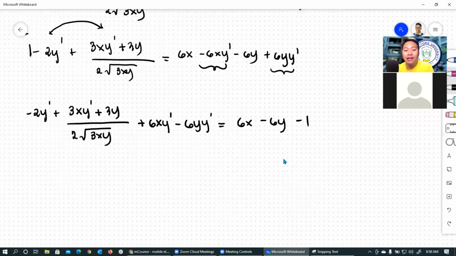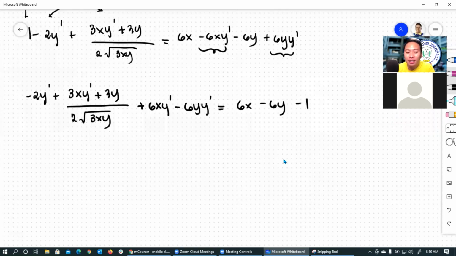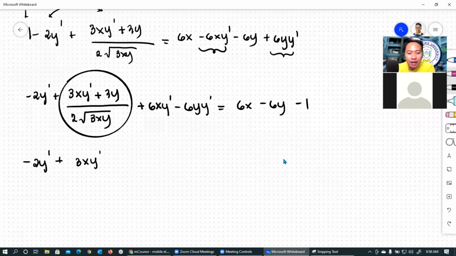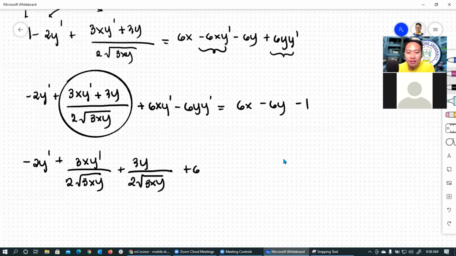Next, I'm gonna factor out the y primes from all these things here. But there's actually one thing that we can do first before doing factoring. I'm gonna separate this as two different fractions, huh? Negative 2y prime plus 3xy prime over 2 square root of 3xy plus 3y over 2 square root of 3xy plus 6xy prime.